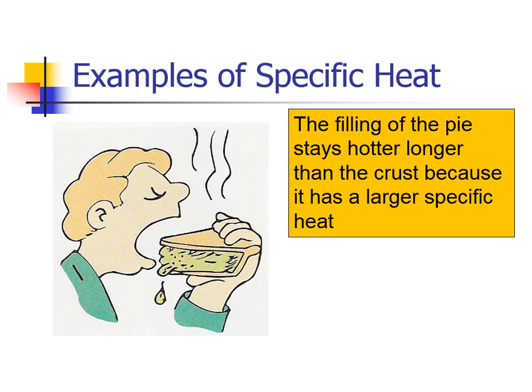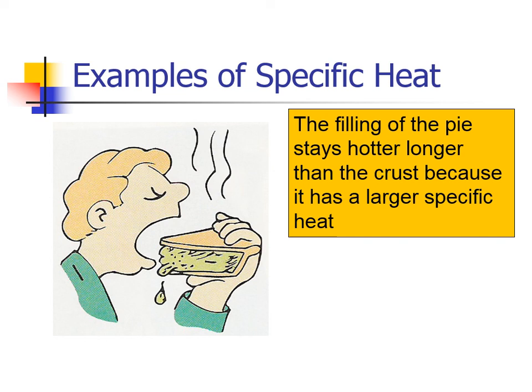So the filling of the pie or the filling of the pizza roll or whatever we might be talking about here, right, is still hotter than the crust because it has a larger specific heat. Remember, larger specific heat values are harder to change temperatures.